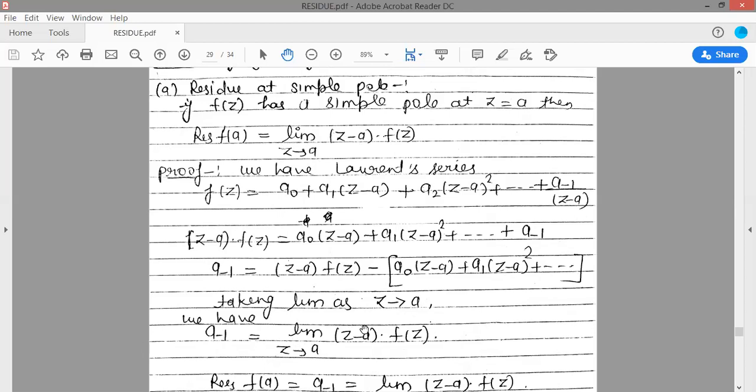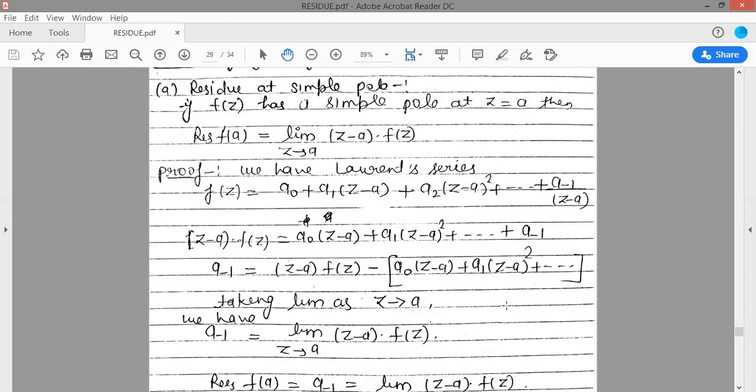So put z equal to a, so a_{-1} is equal to limit z tends to a of (z minus a) into f(z). If you put z equal to a here, all the other terms will be 0, because of (z minus a) whole square, and you are left with only a_{-1} equal to limit z tends to a of (z minus a) into f(z).